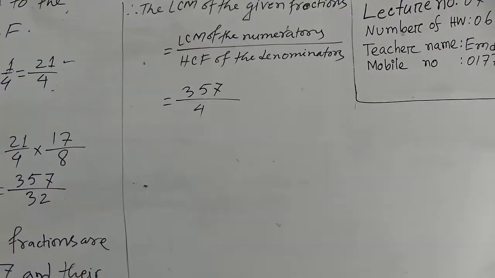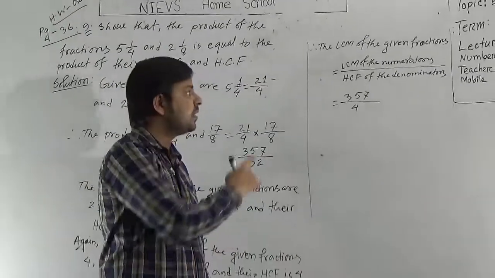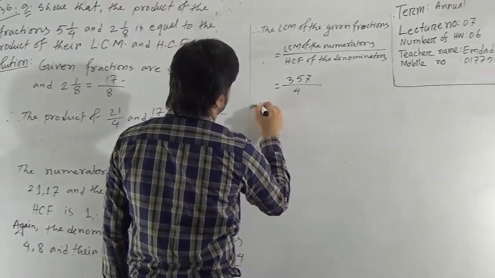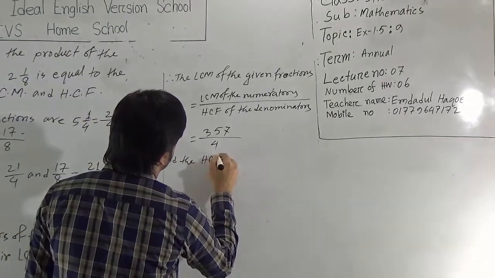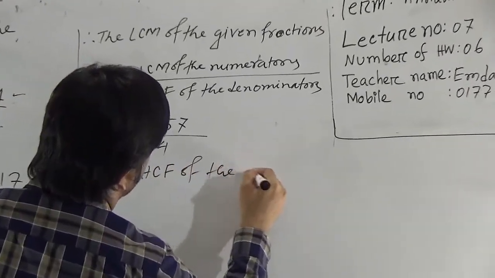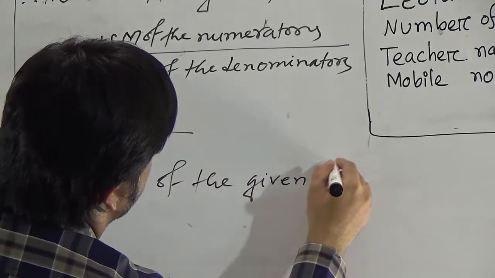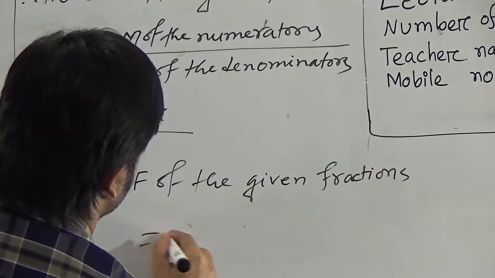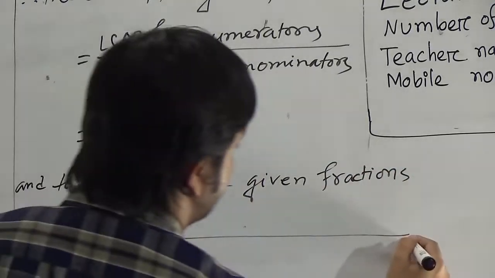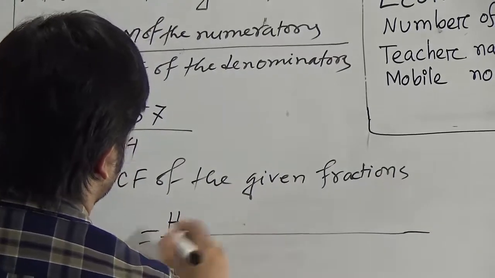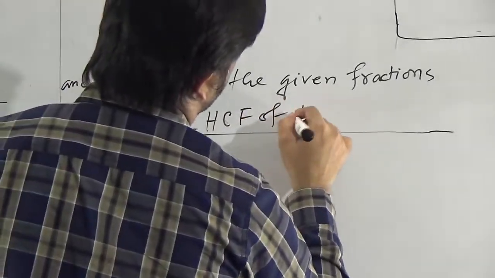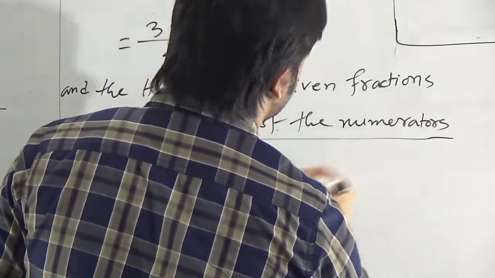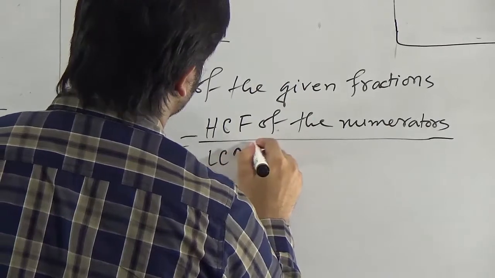Now we have to determine the HCF of the fractions. To determine the HCF of the fractions, we can write the formula here: the HCF of the given fractions will be equal to HCF of the numerators over LCM of the denominators.